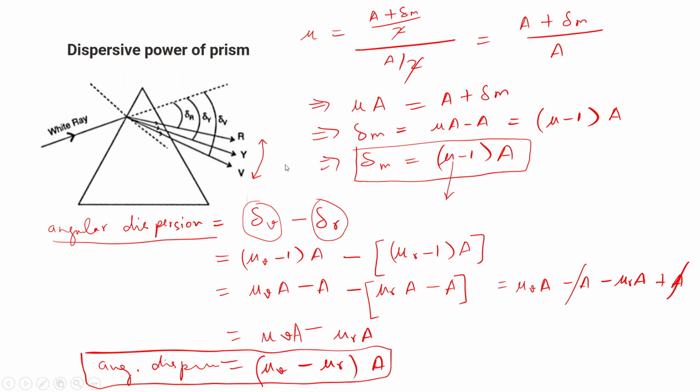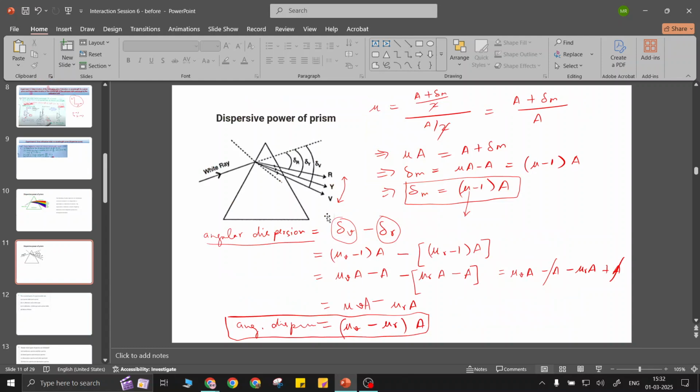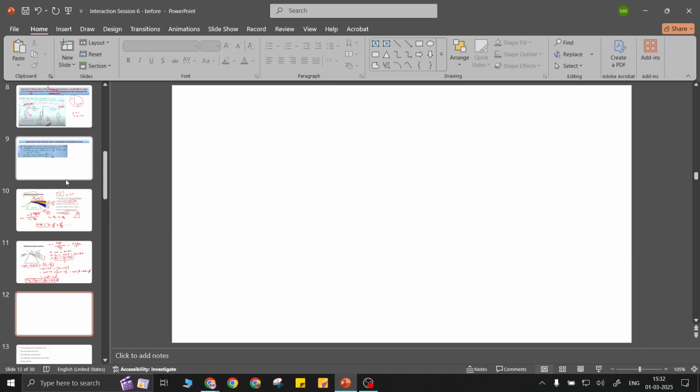right now we have got the formula for angular dispersion. Now next we need to find out the dispersive power formula for the prism material.